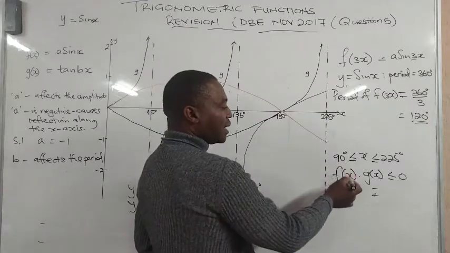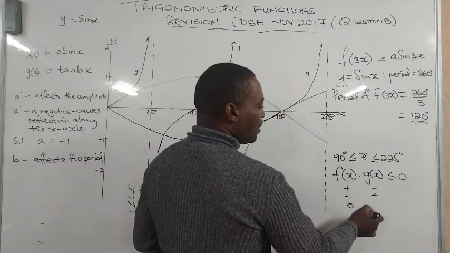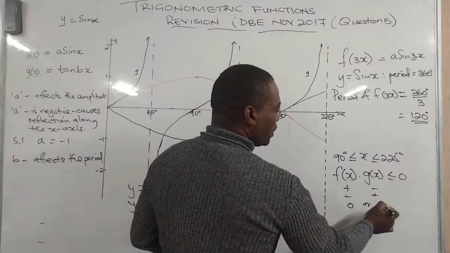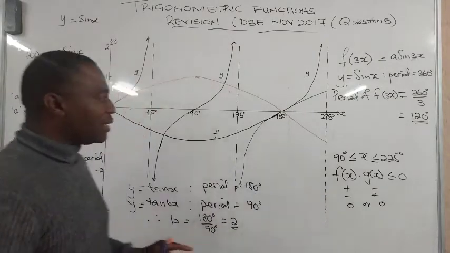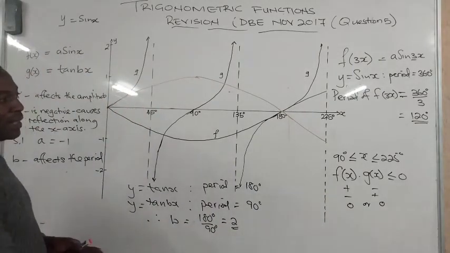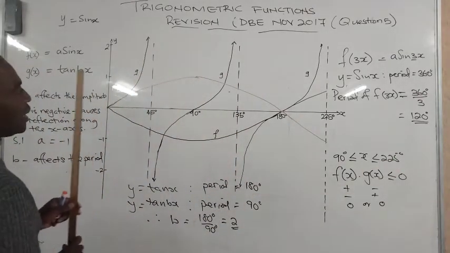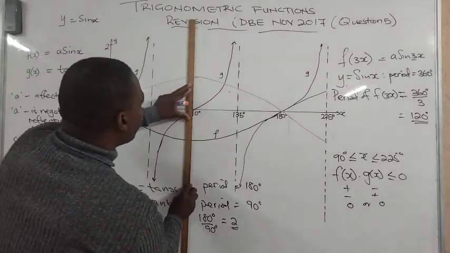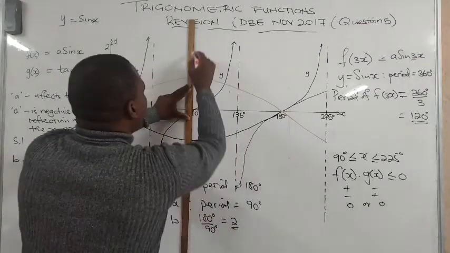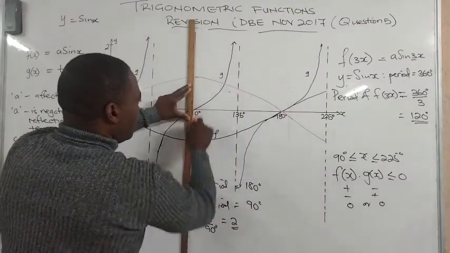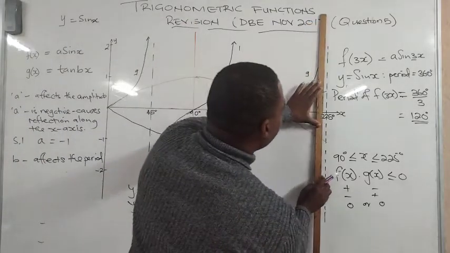That means it's either f of x which can be 0, or it can be g of x which can be 0. So we have to check for all these possibilities in the interval 90 to 225. So basically, we are looking at this interval from 90 to 225.